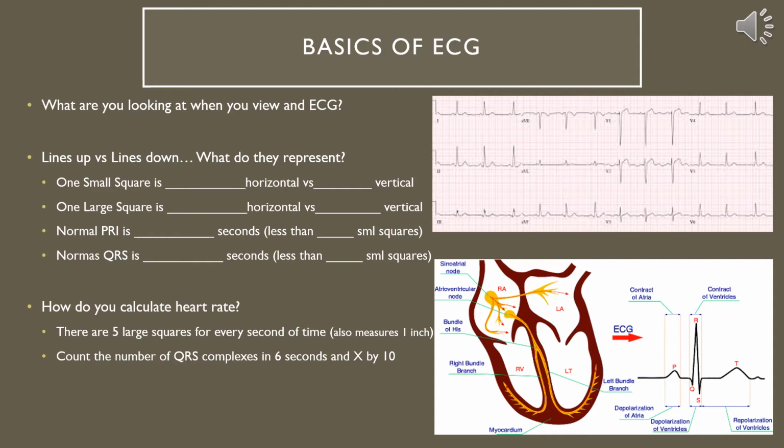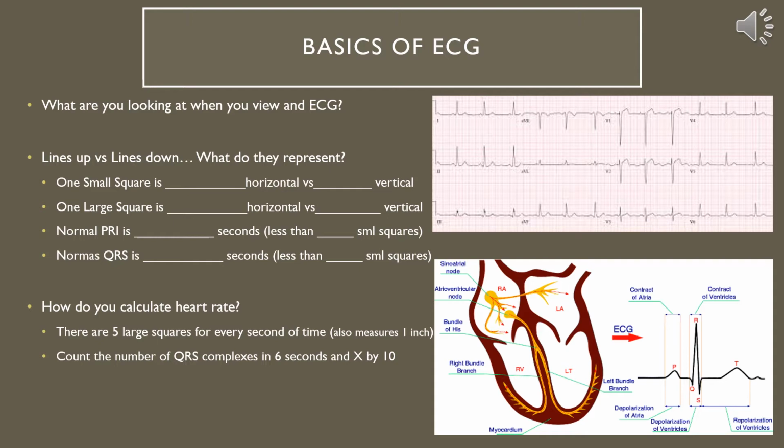Okay. When we're looking at all of these lines on the EKG, you'll see larger defined red lines versus these smaller, minute, faded red lines. The lines up and down represent time and amplitude. When you're looking at one of the little small squares horizontally, it's 0.04 seconds. The large square horizontally is 0.20 seconds.